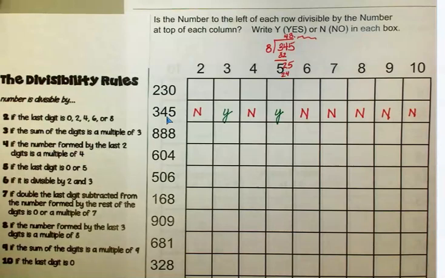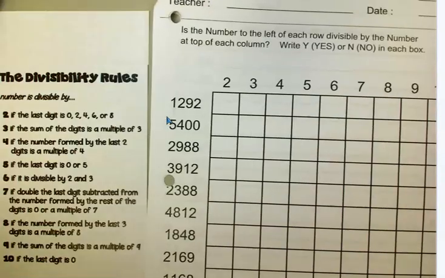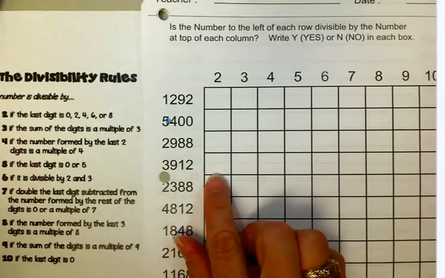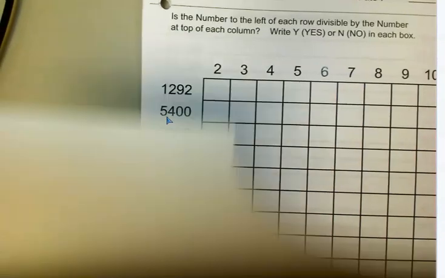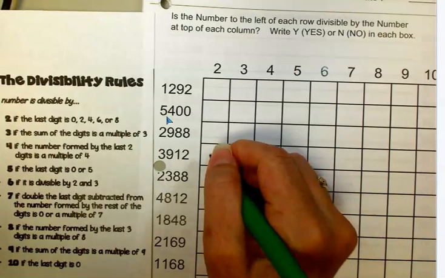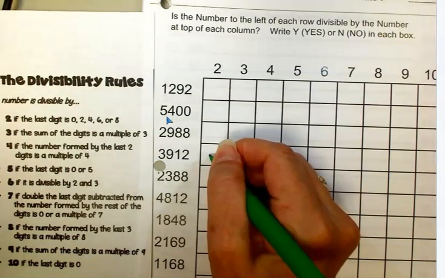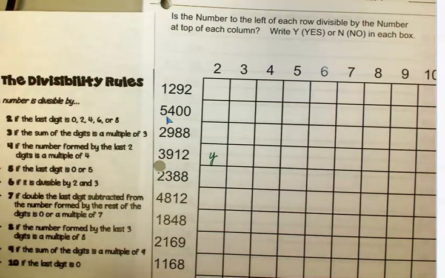All right, we're going to flip and do a 4-digit number using the same rules. We'll do this one, 3,912. It is divisible by 2 because it's an even number. It ends in 0, 2, 4, 6, or 8, so we'll put a yes. Is it divisible by 3?